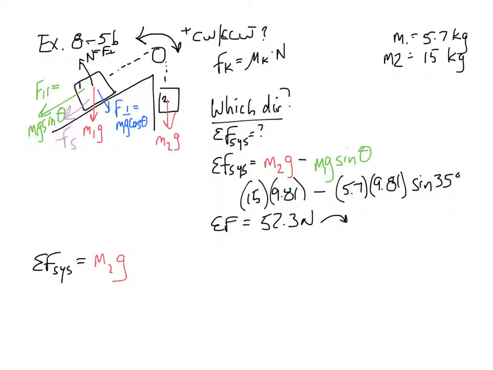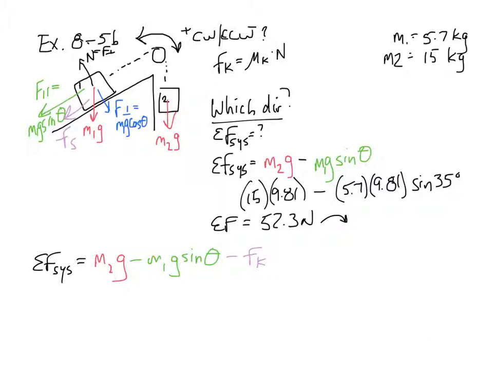M2G minus what? Well, minus our M1G sine theta, right? That is our parallel force. Minus what else? Also minus the kinetic friction force, because it always acts in the opposite direction of motion. What this will do is give us the whole net force on the system.